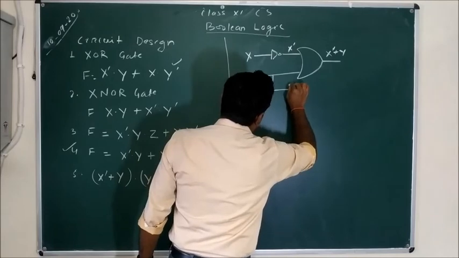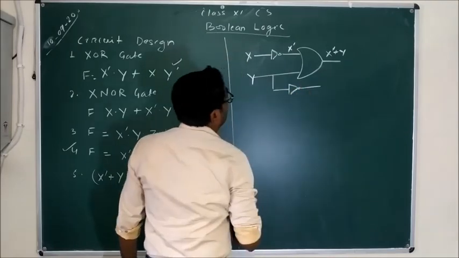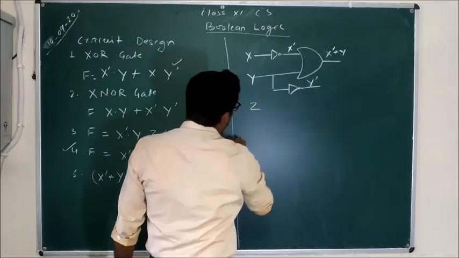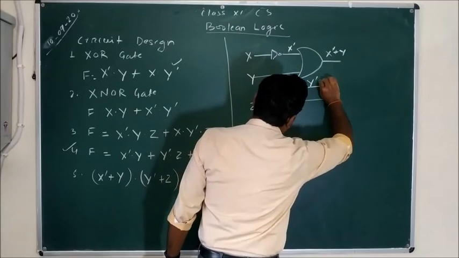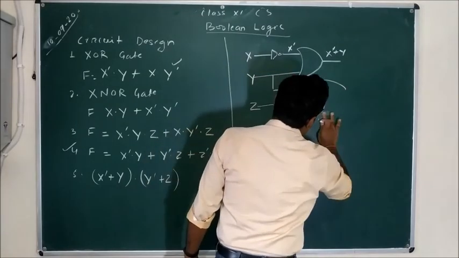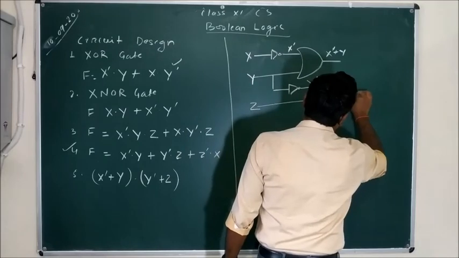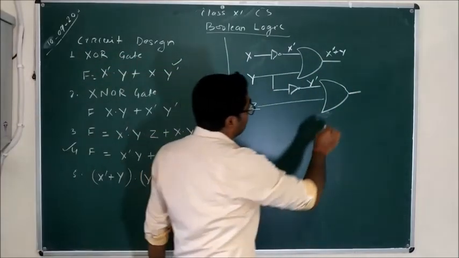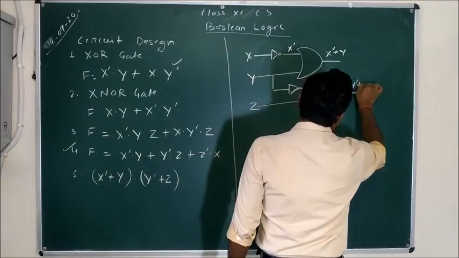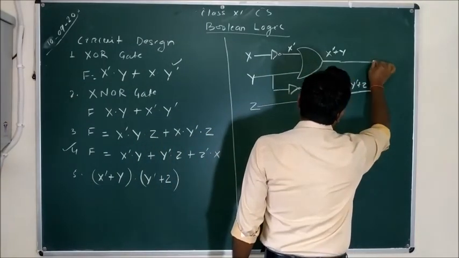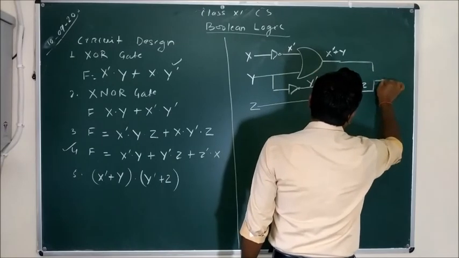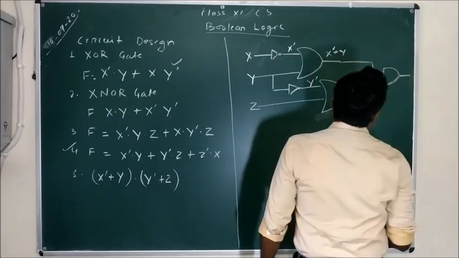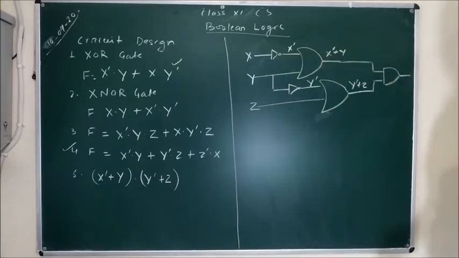Before that I am taking y dash. Now z is the 3rd variable. So directly z, use OR operator. So here we have the value y dash plus z. Now use these two with an AND, so that we'll have the final expression over here.